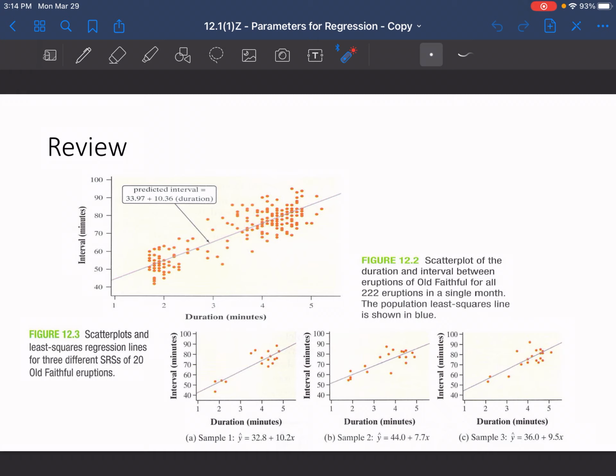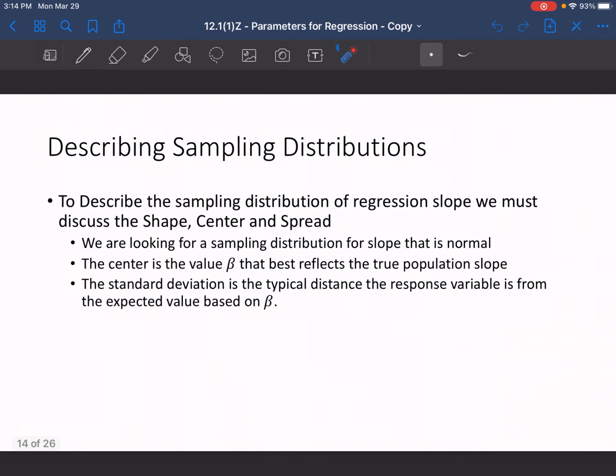But what we want to infer is how we can combine each one of these regression lines so that it comes to a conclusion that is extremely close to the actual population regression line that it's trying to represent.